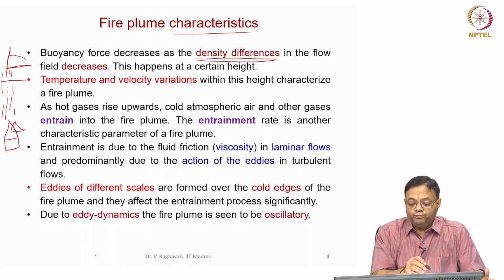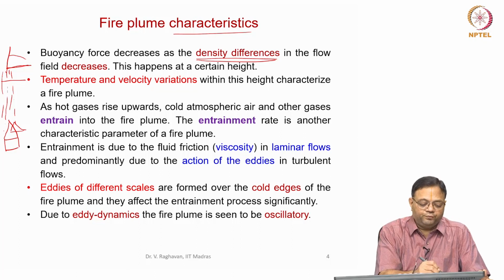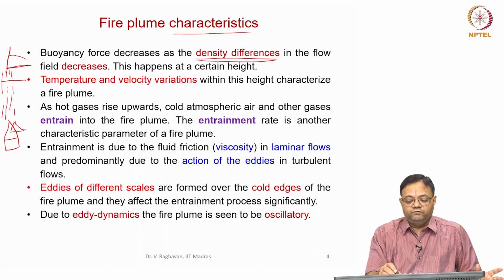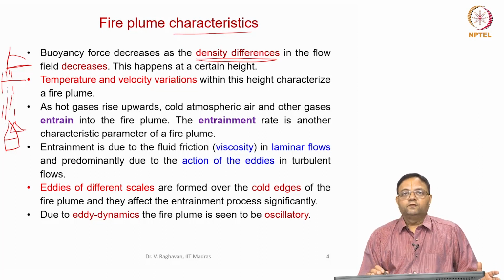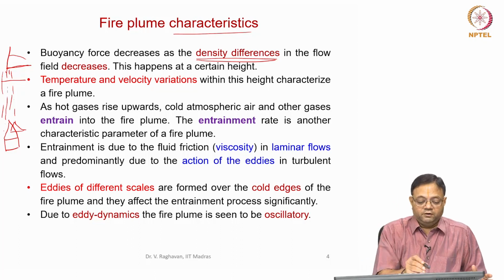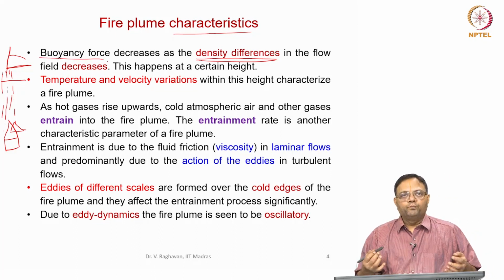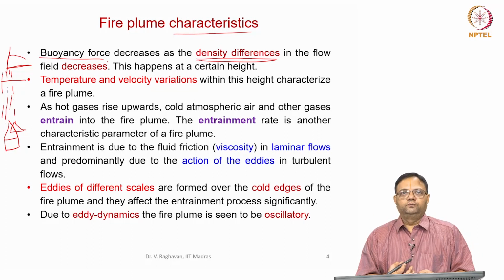So, as the temperature gradient decreases, you can see that the density gradient or the density differences also will be smaller. That means the buoyancy force which triggers the plume rise will also be reduced.